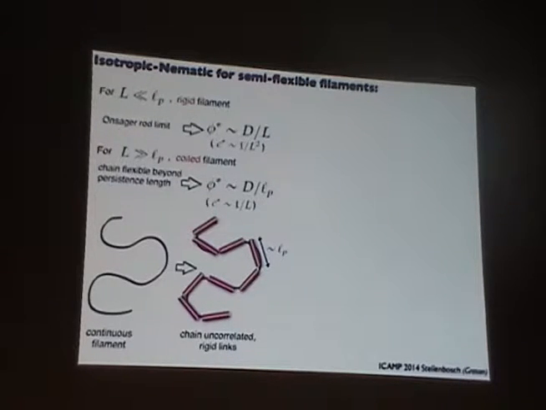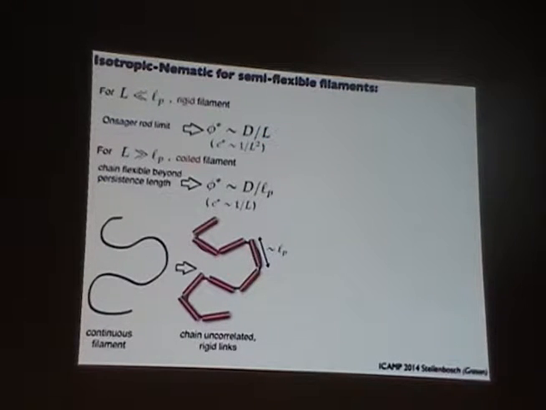So, at least fairly crudely, we can think of these as statistically orientationally independent entities. And now we simply chop the chain up into lengths LP. That basically tells you that the critical volume fraction should go as D over LP, rather than D over L.